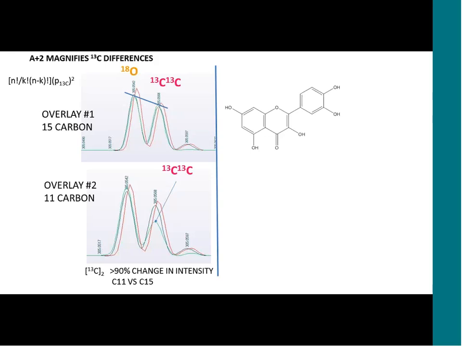That will get you to the A plus 2 position. Now, the abundance of that peak is due to a combinatorial formula, and it actually magnifies the difference in carbon-13. If you look at the lower answer, you're now going to elevate that peak by almost 50% to get to that overlay.